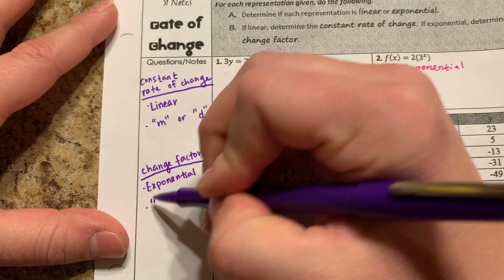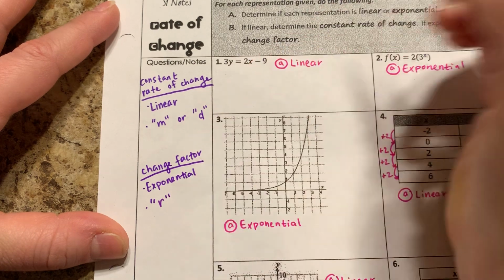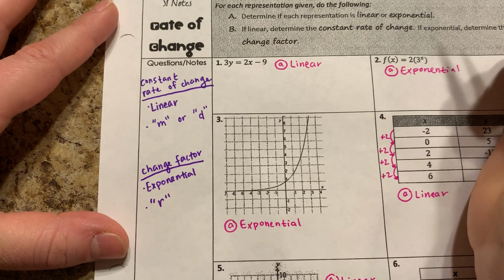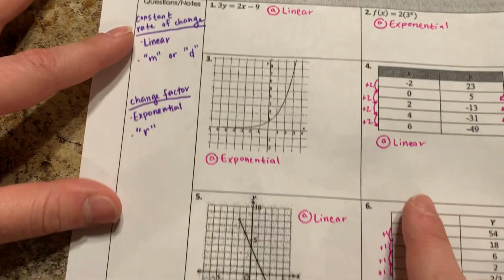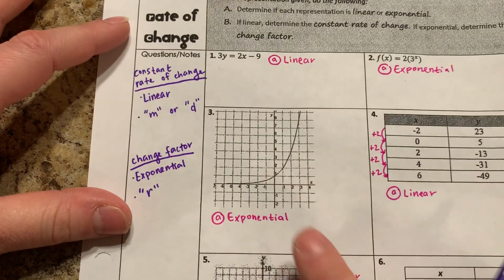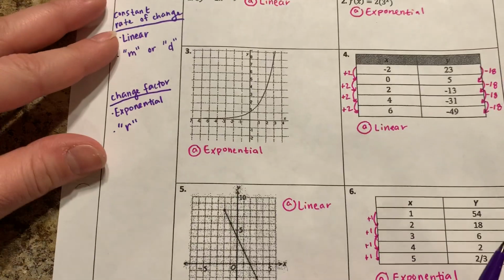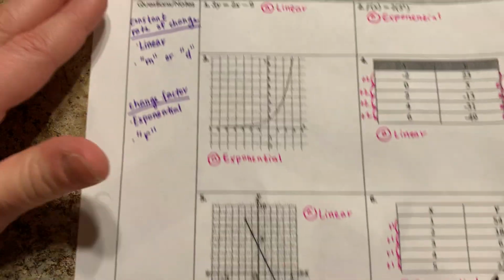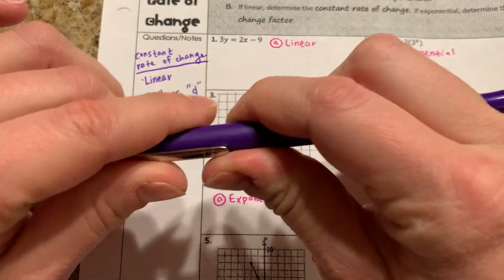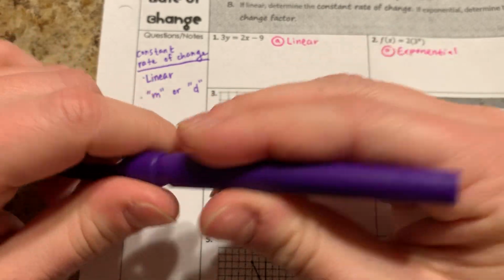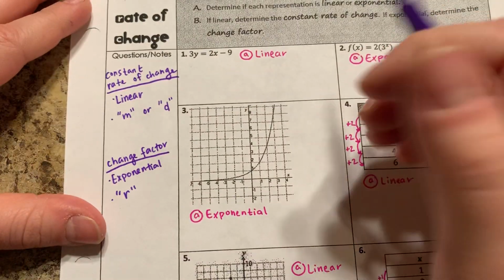And the letter that we got used to in the last unit for a change factor was the letter R. So what we're going to do now, for every linear equation, that would be numbers 1, 4, and 5, we're going to find the constant rate of change. And for all of the exponential equations, number 2, 3, and 6, we're going to figure out what the change factor is.